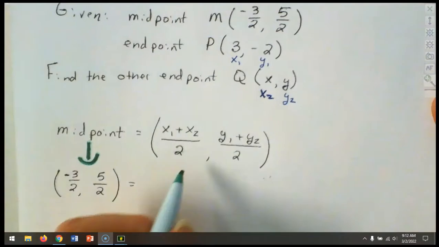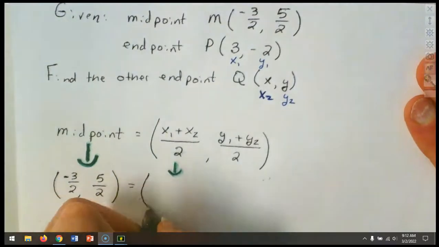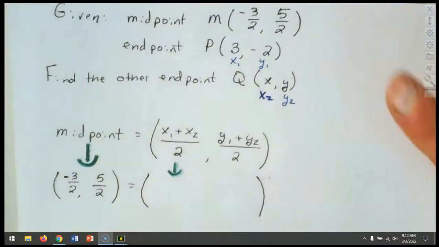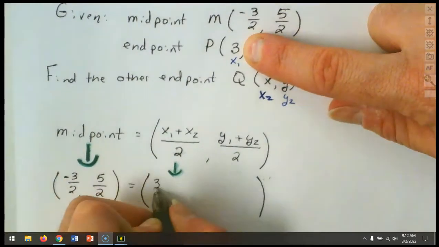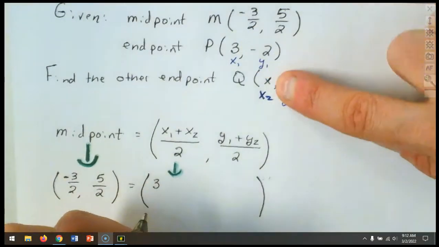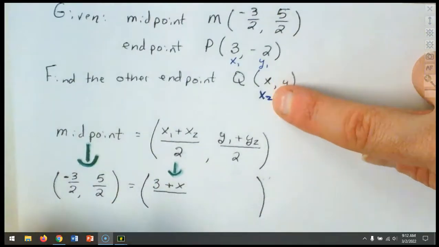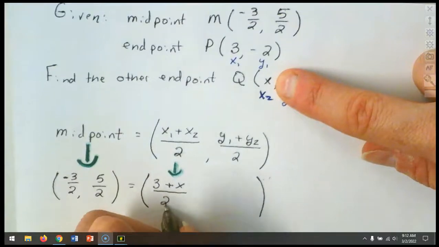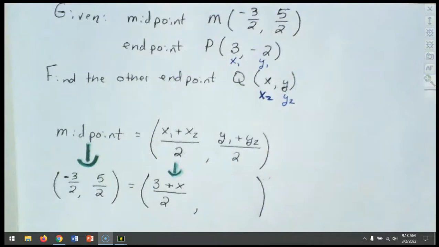Okay, so let's go ahead and plug in our first piece here. What do we do for our first one? Add the x's together. So what are our x's here? Well, P, our x value is 3. Q, we don't know the x, so we use an x for that. It's x2. And we're going to divide that by 2. And then what about the other one, the y part?